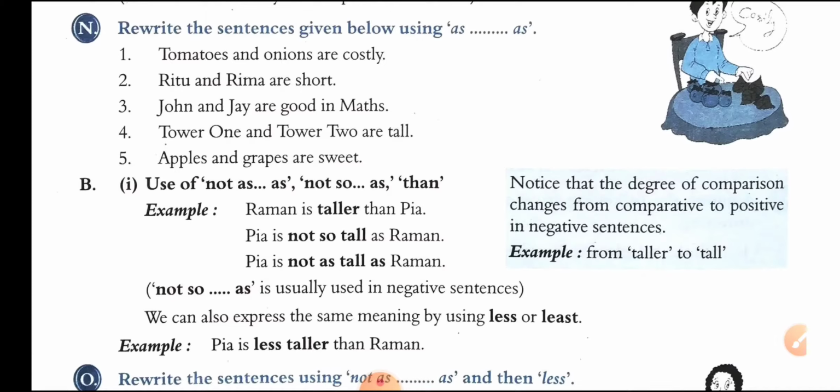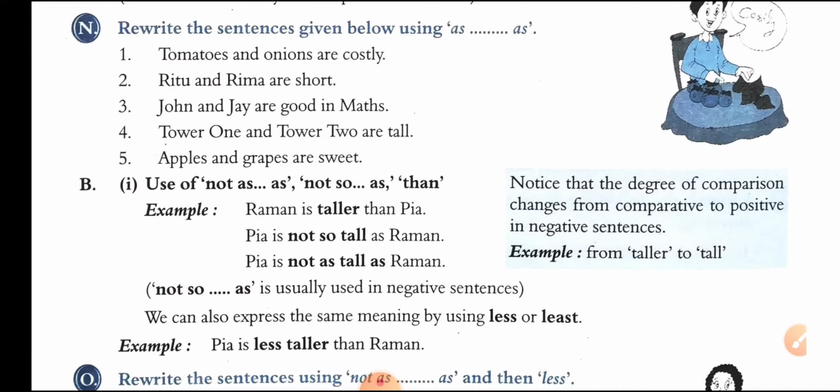Third one is John and Jay are good in maths. So what you will do? John is as good as Jay in maths. Question number 4 is Tower 1 and Tower 2 are tall, means both are tall.